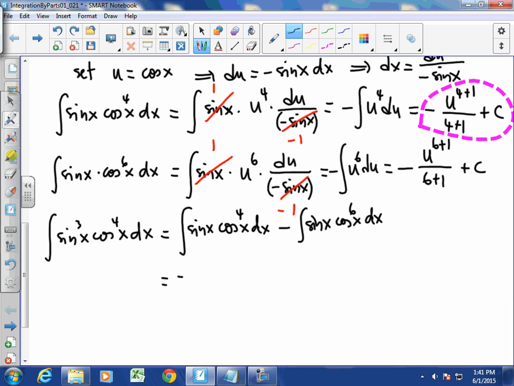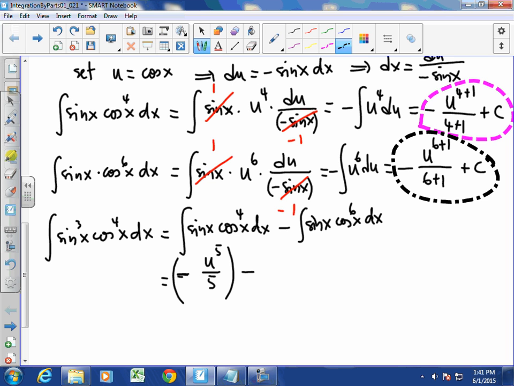That gives us negative, what is u? u is cosine, so we use u to the 5th over 5, minus, now the second one gave us this, right? So that is negative u to the 7 over 7, and all this plus c. Remember, c is just an arbitrary constant.